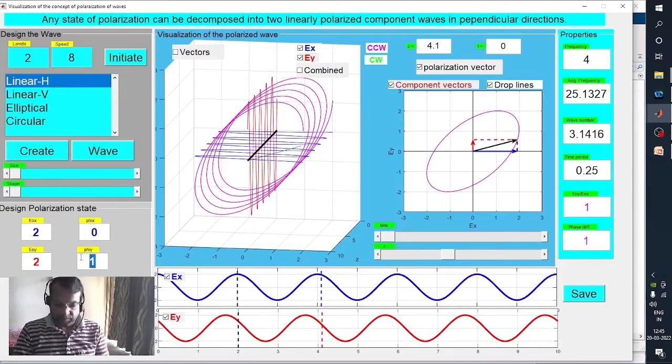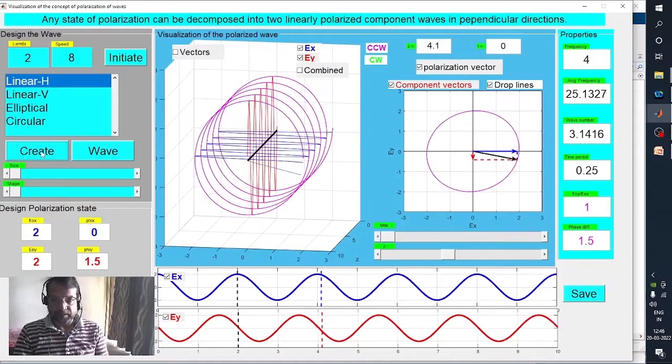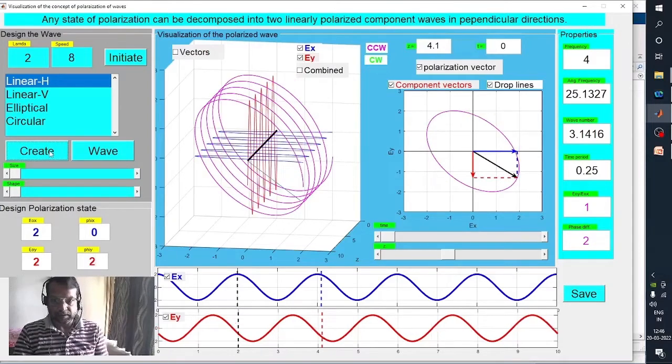Or if it becomes 1.5, because 1.57 is a circle, so it's almost like a circle. 2, let's observe this.